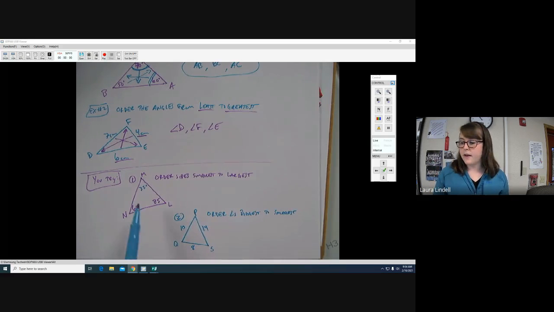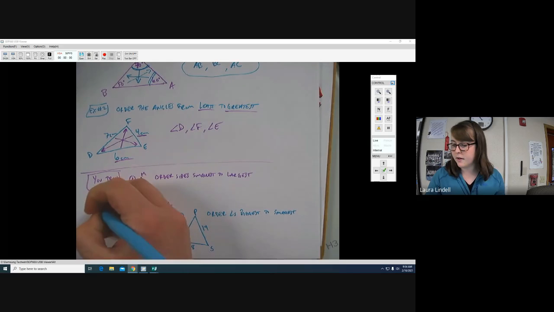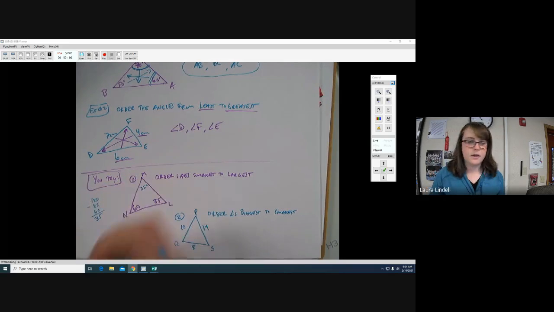So if you haven't figured it out yet, that angle is supposed to be 35 since you go 180 minus 85 and 60 to get 35.